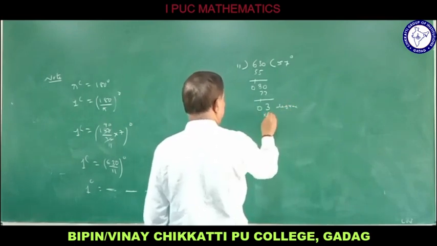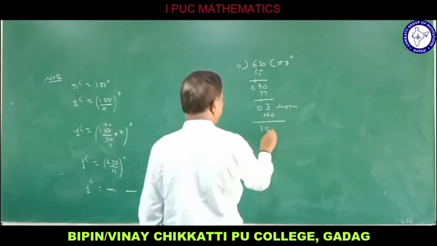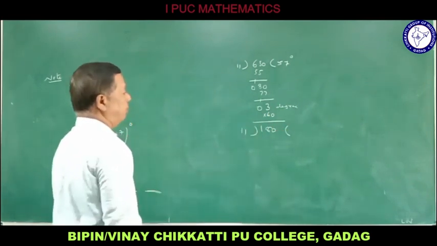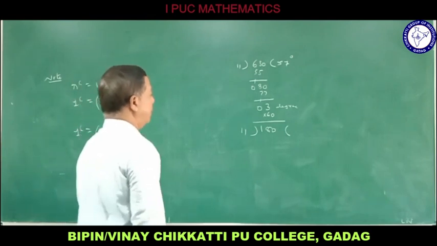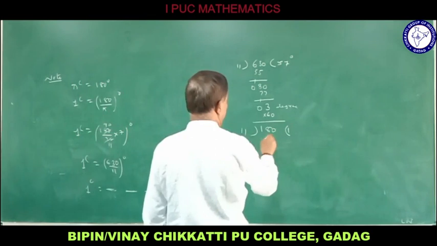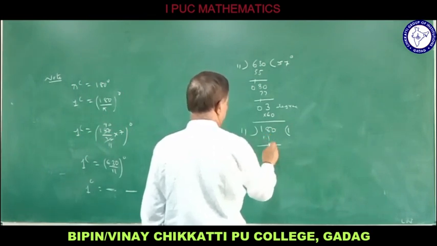But when you are multiplying with 60, you get 180 minutes, you will see that. So 180, again you have to see. 18, 11 ones are 11. So what comes? 70.